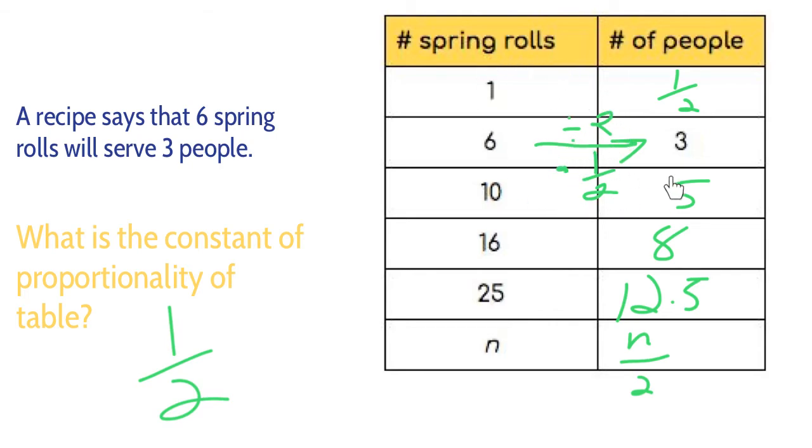And I choose that because when I go to the unit rate, where the left is 1, I see that the right column is half, and that is our constant proportionality. And it can be applied to every single one of these, including n, which is just saying any number. If you want to find the answer for the right column, you take the any number and divide it by 2 or multiply it by half, and you get the answer.